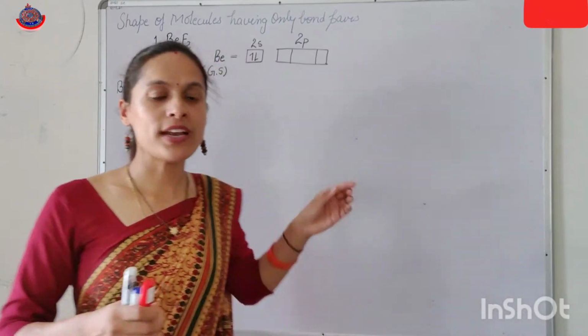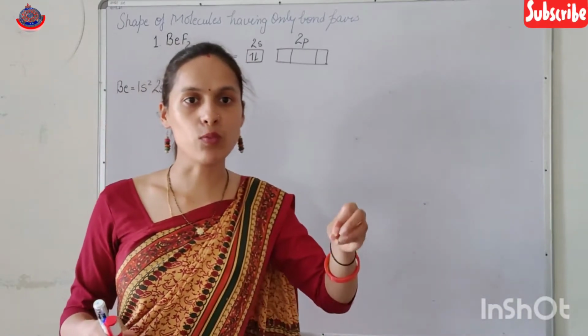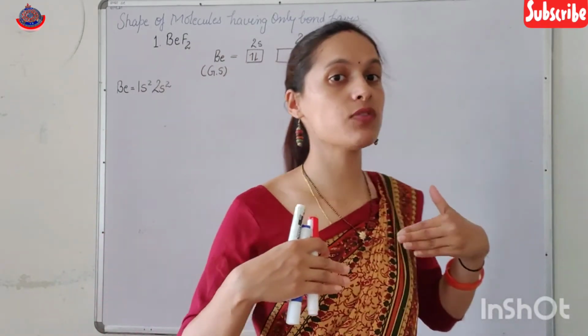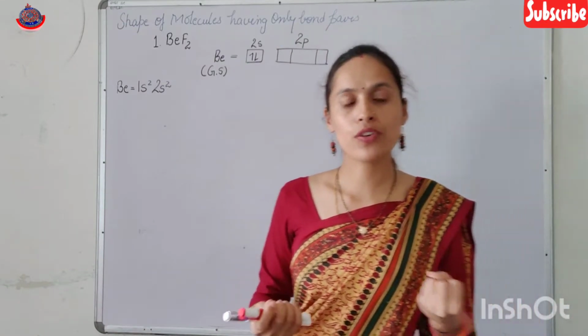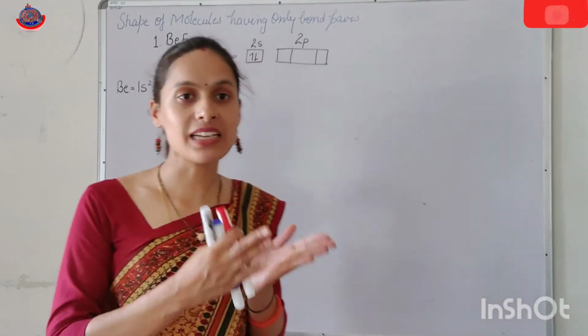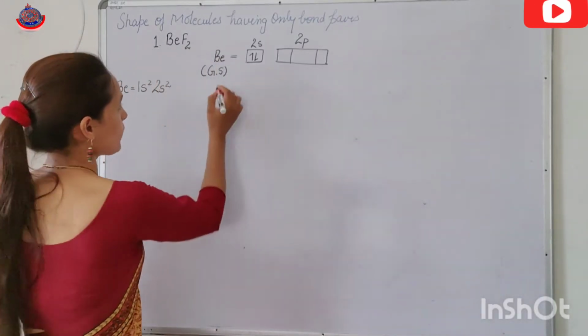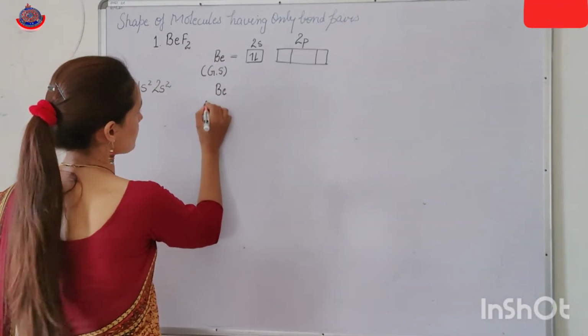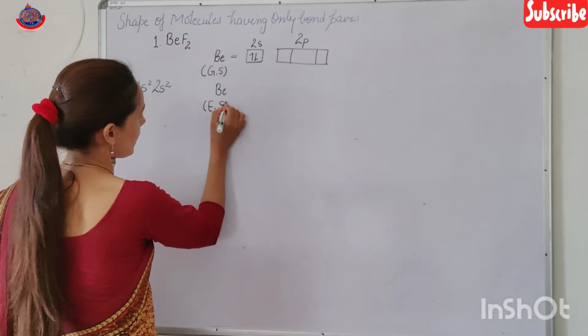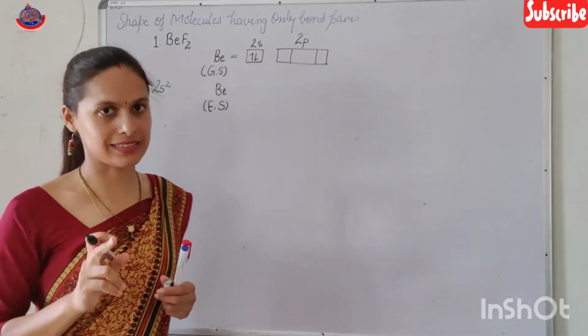So when fluorine approaches beryllium, the energy which is released is used to excite the electron from s to p. In this way, we get another state, known as ES, that is the excited state.